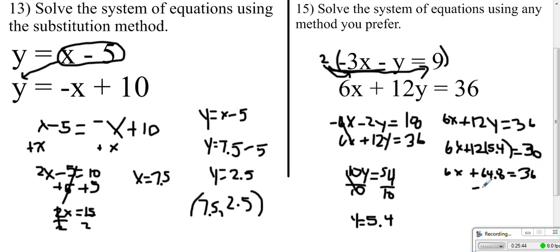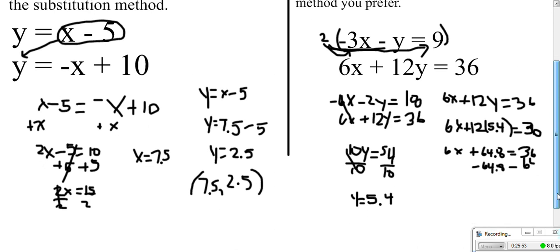So you do have to subtract the 64.8. Oops. You just put a line to keep me in place. You just have to do 36 minus 64.8, and you get negative 28.8.